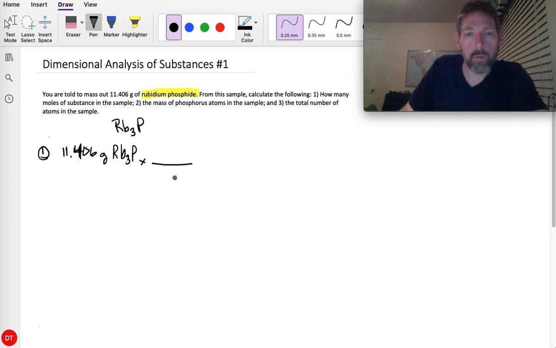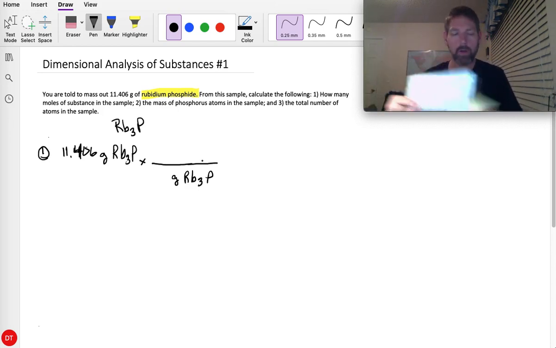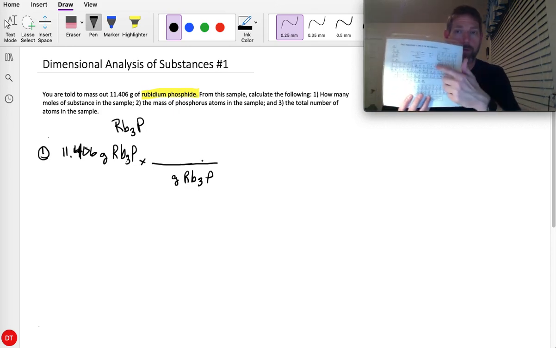So we're basically going to need grams of rubidium phosphide, right? And so you go to your periodic table that you've got, right?